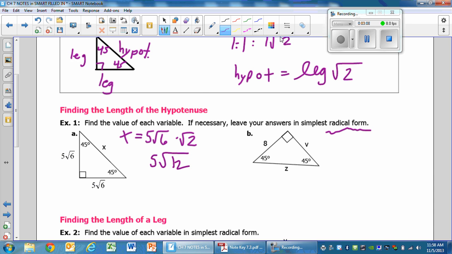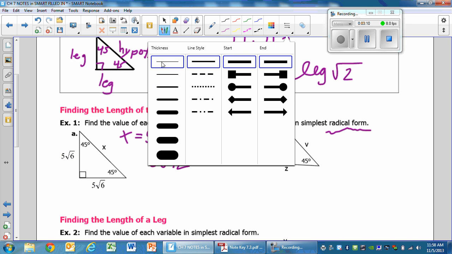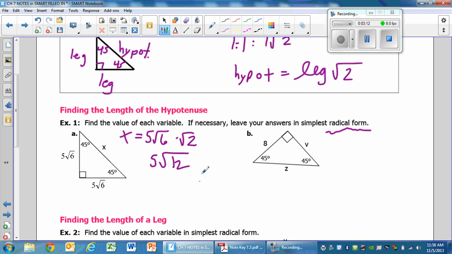Let me slim down my pen here so I can get some more space. Alright, so 5 radical 12. Am I okay with that answer? Well, no, because I know I can break down 12. I could pull out of 12 a 4 and a 3. So that would be 5 times 2 radical 3.